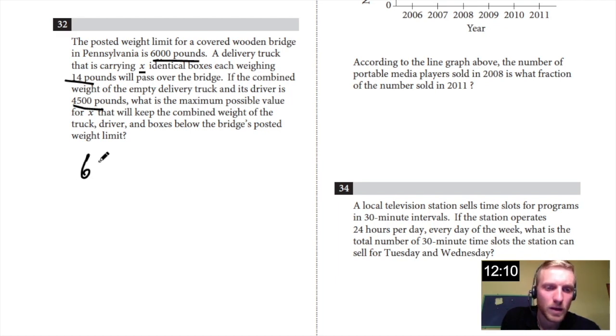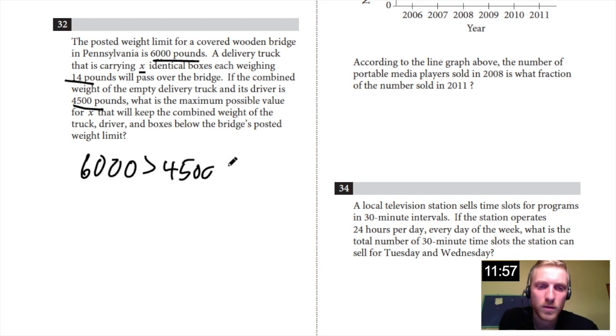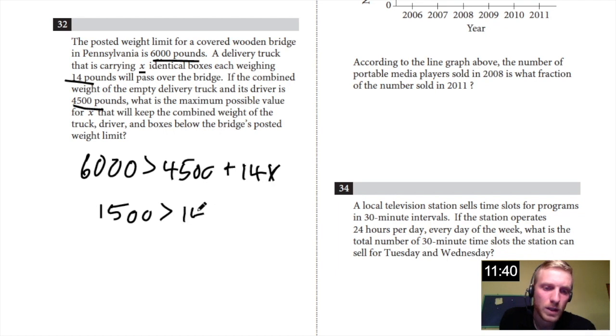So let's see, we can say 6,000 pounds is going to be greater than 4,500, our weight with no boxes, just the truck and the driver, plus 14 pounds for each box. So plus 14x, x is our number of boxes. So let's subtract 4,500 from both sides. That leaves us with 1,500 is greater than 14x.